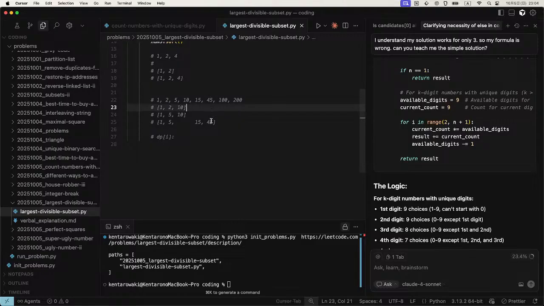Okay, so DP[i] should have the largest subset whose last element is nums[i], right?